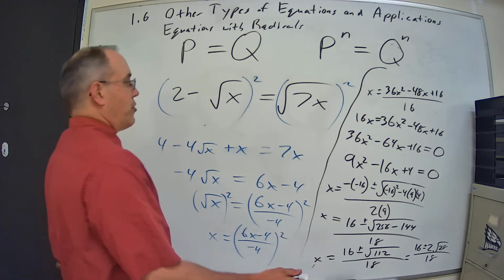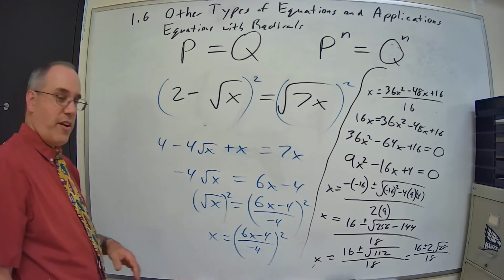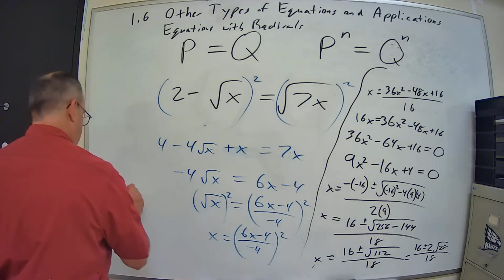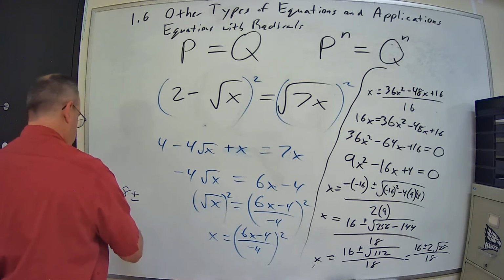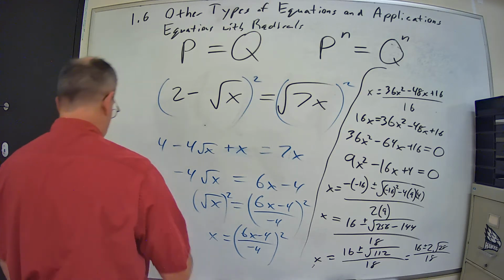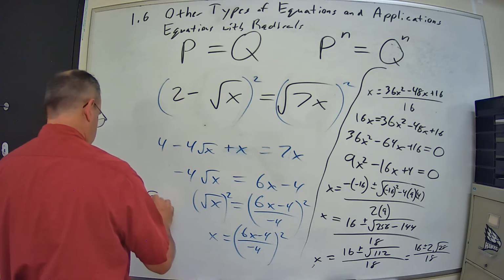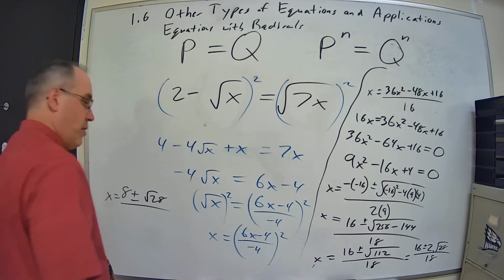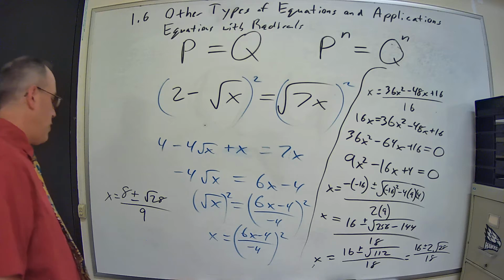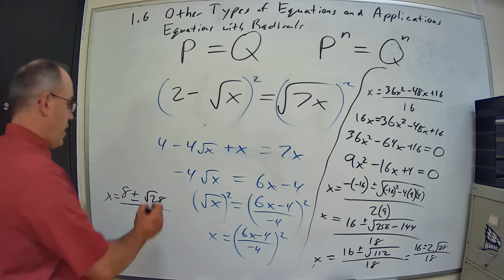So we're going to come over to this last little spot over here. Sorry, this took up so much space on the board. But we're going to have 8 plus or minus the square root of 28 over 9.